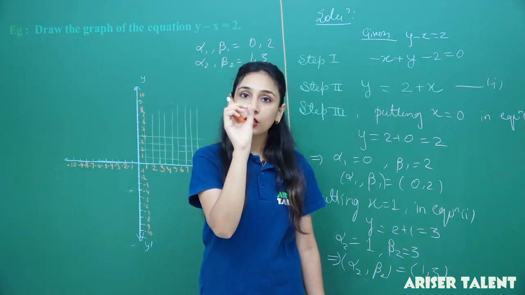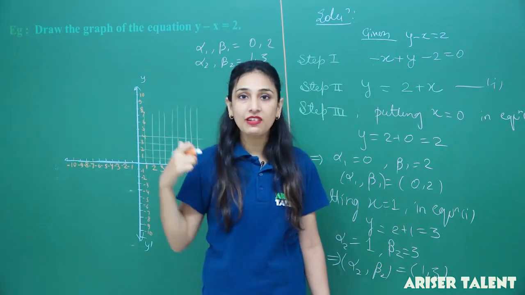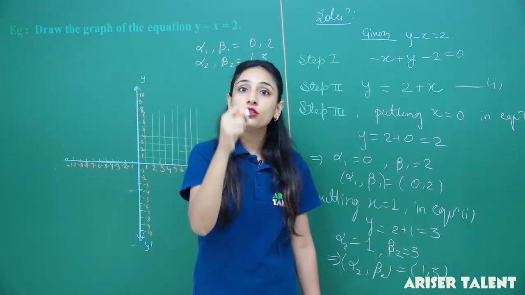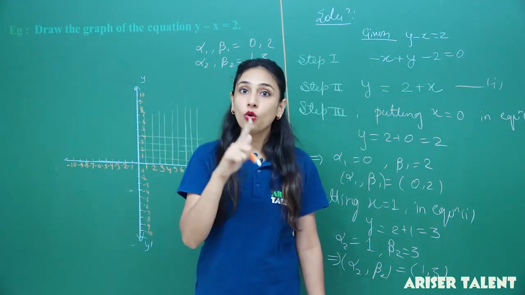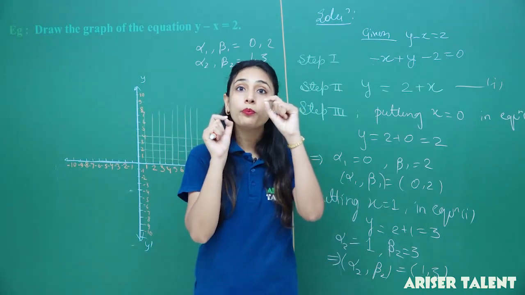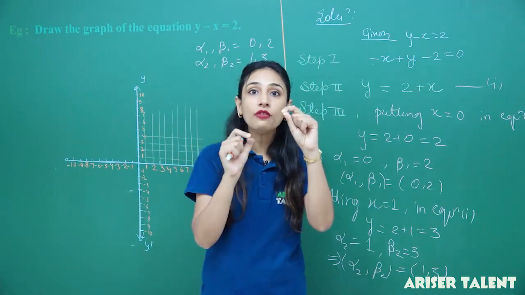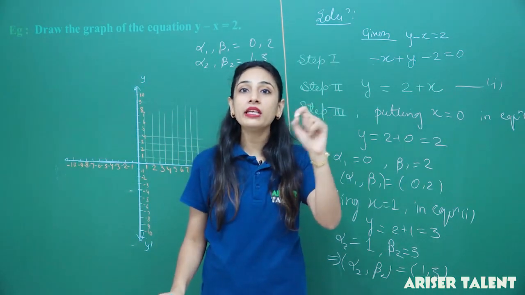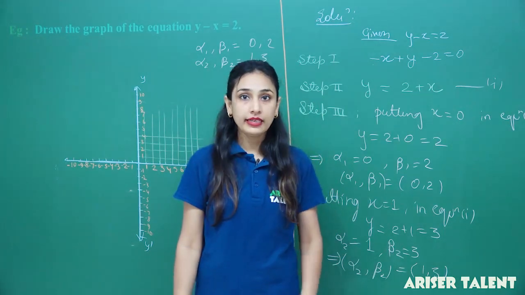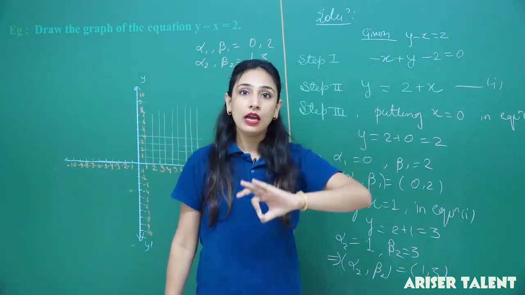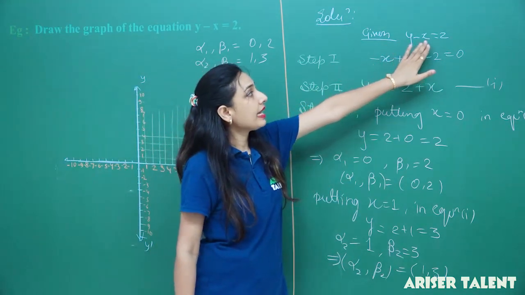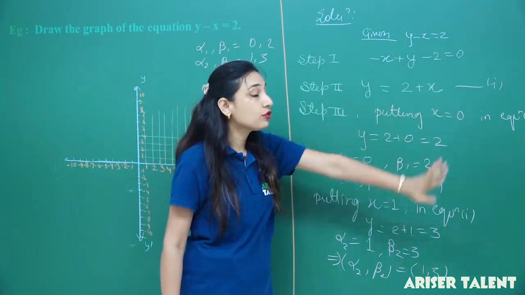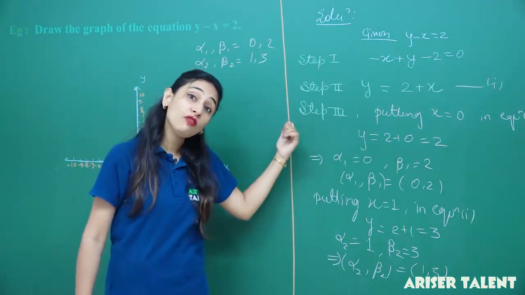Alpha 1, beta 1 gives you a particular point in the graph. Alpha 2, beta 2 will give you another point in the graph. So you have 2 positions in a graph. You can just join these 2 points and get your line, right? That particular line will be the line y minus x equals 2, because you are solving for this equation.